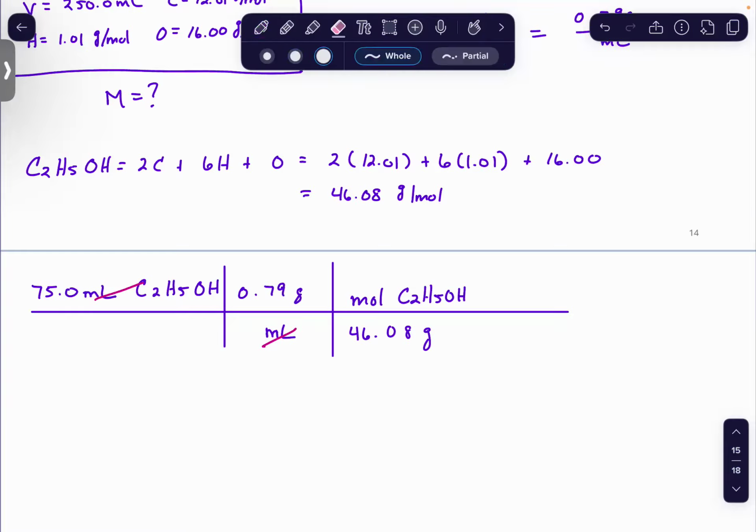And when I multiply this all up, because again, grams divides out, this is going to give me 1.3 moles of ethanol.